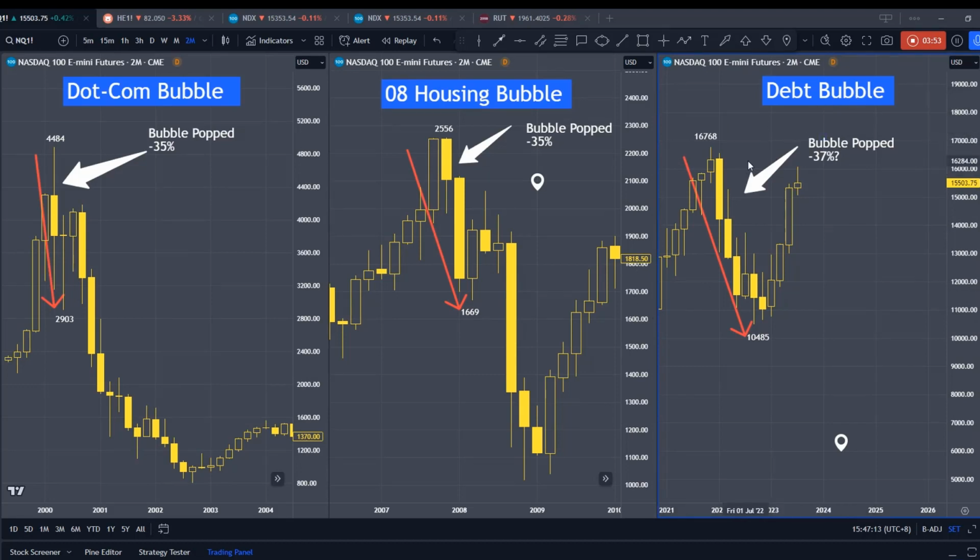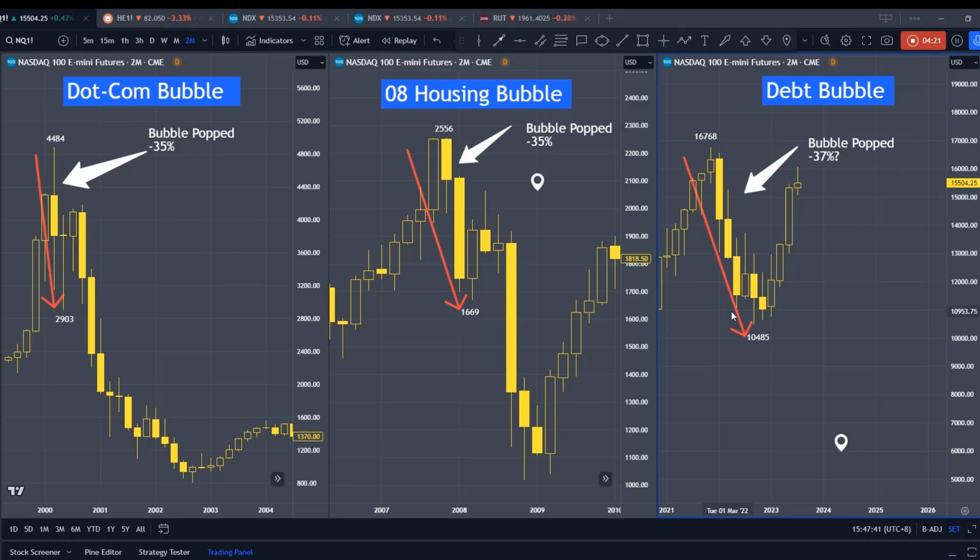But the debt bubble has already popped from my observation, because it was down 37%. If you still remember, when did it pop? It was at the beginning of the year 2022, and that's where we experienced high inflation until today. The inflation has not been resolved, by the way. We have to understand that debt produces inflation.